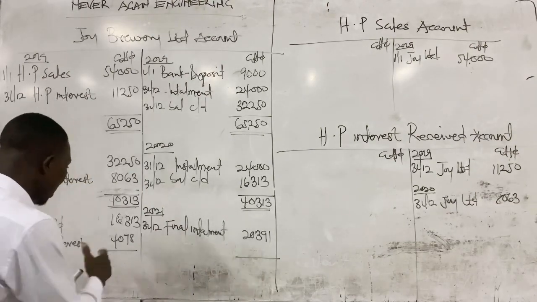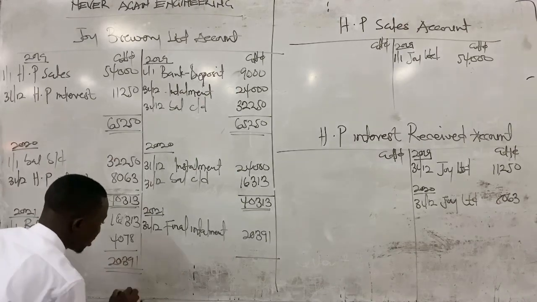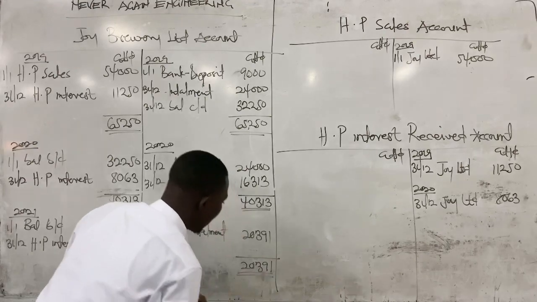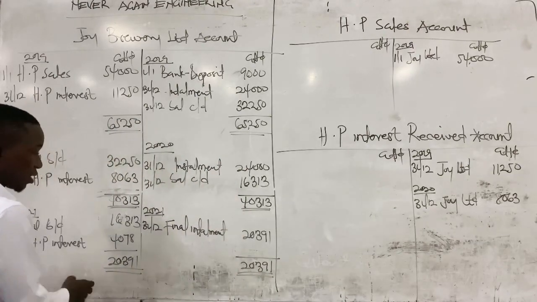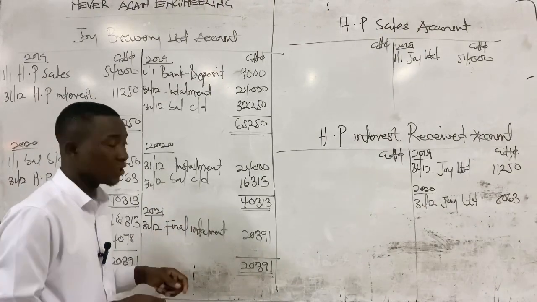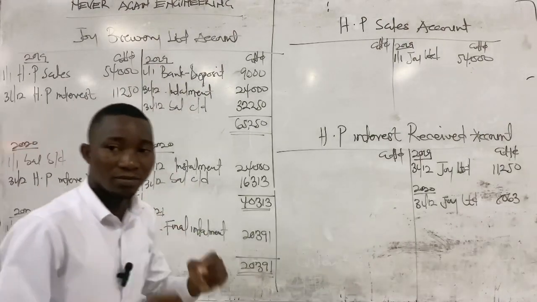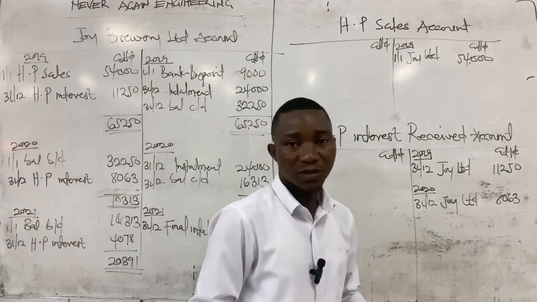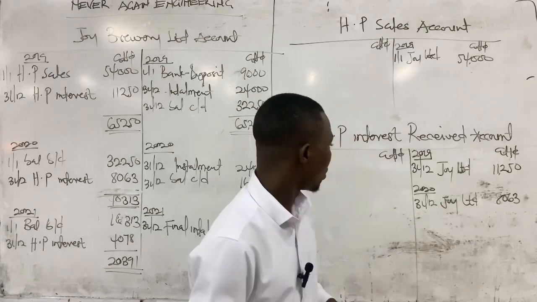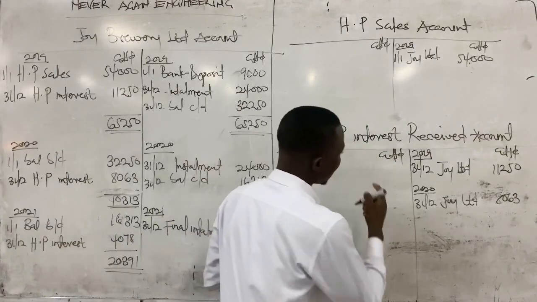Okay, so to balance off this account, we have 20,391, meaning there is no balance carried down or balance brought down. And because of this, at this very stage, the hire purchaser, who is Joe Limited, can have ownership of the packaging line. Is that okay? Good.